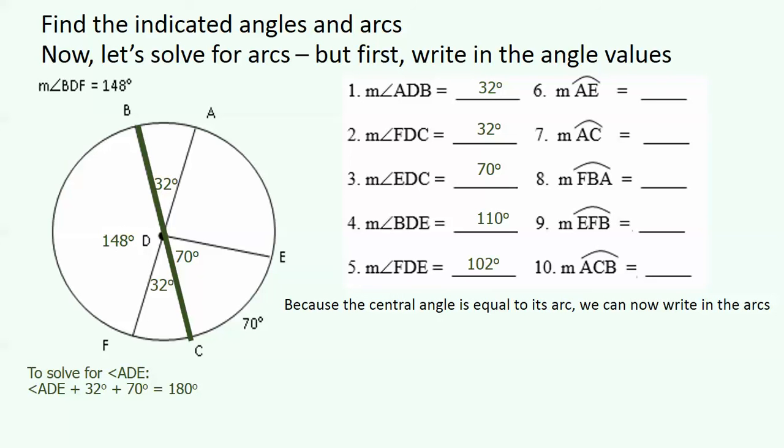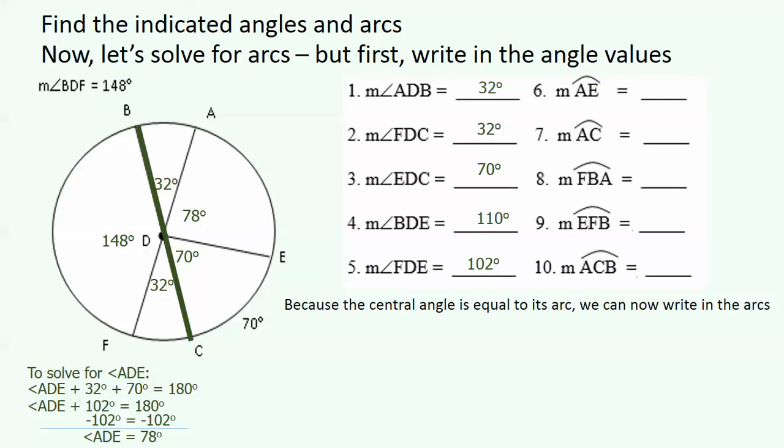That means that angle ADE plus that 32 degrees plus the 70 degrees will equal 180 degrees. So angle ADE plus 102 degrees will be 180 degrees. I'll subtract 102 from both sides, and I find that angle ADE is 78 degrees.